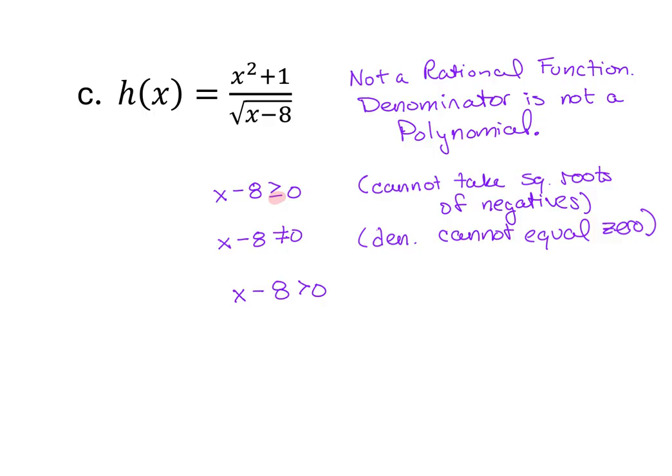All right, if we go ahead and solve this, we can add 8 to both sides, and we get x is greater than 8. In interval notation, we just have one interval, and that is going to be 8 to positive infinity, and we have parentheses around both.